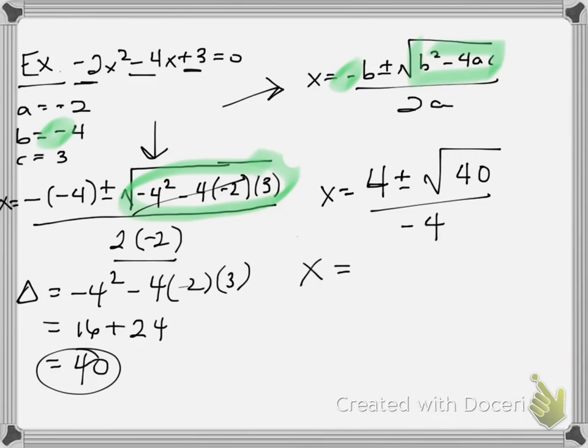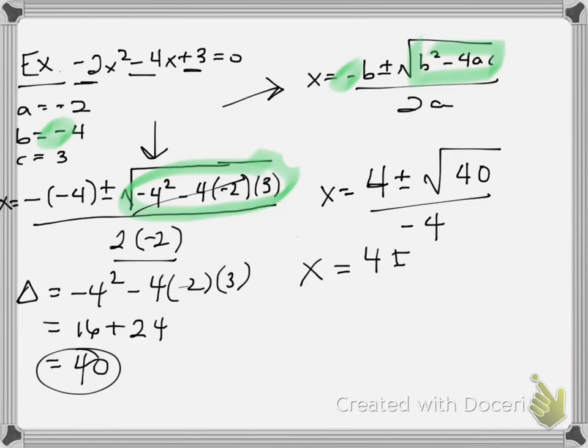So then I'm going to do x equals 4 plus or minus... I have to use my calculator now to find out what the square root of 40 is. So I do the square root of 40, which equals approximately 6.3.